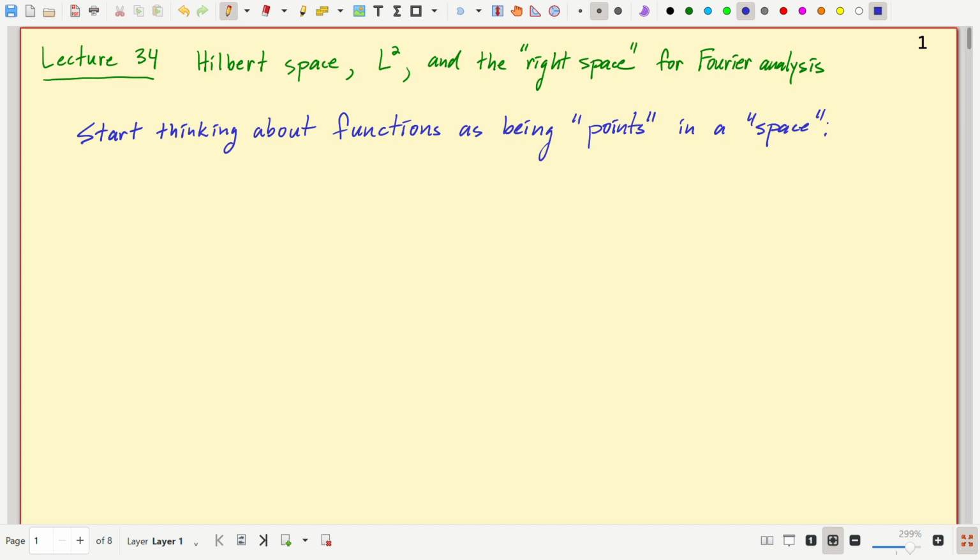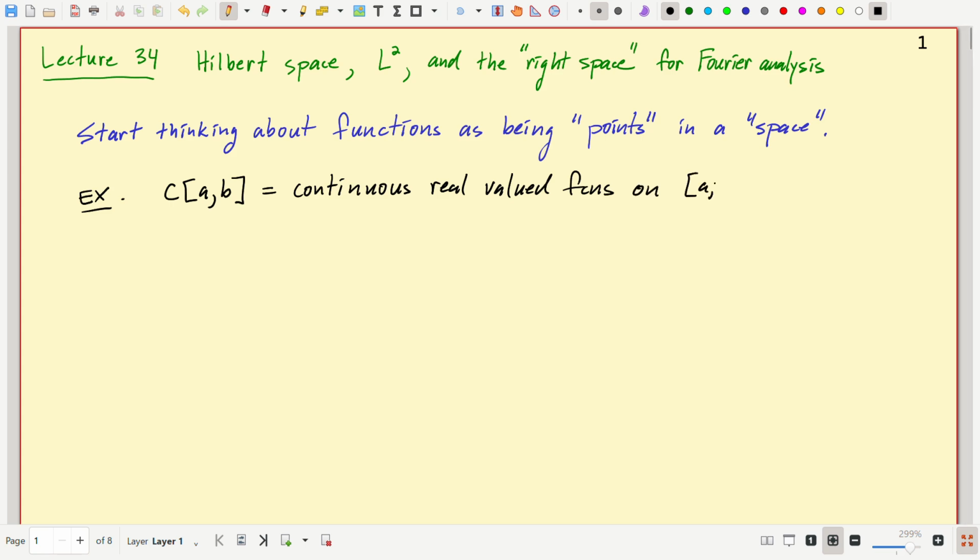Back in Math 341, you probably saw an example of the continuous functions on a closed interval [a,b]. They could be real valued or complex, but why don't we take them to be real? Continuous real valued functions on a closed interval [a,b]. And you had a distance function, so you turn it into a metric space.